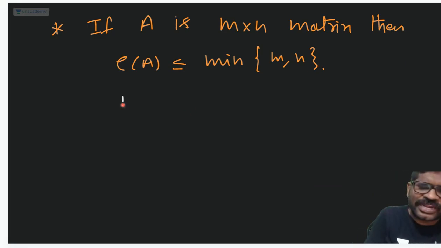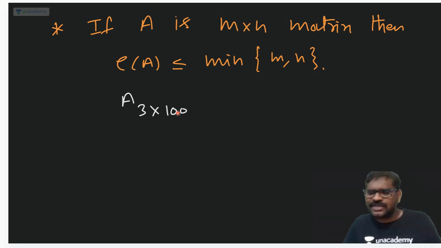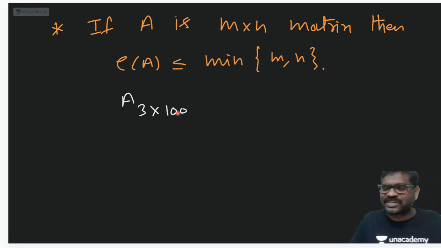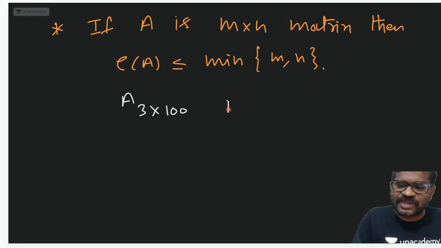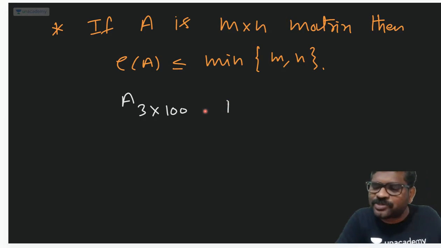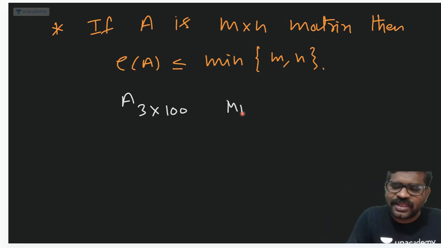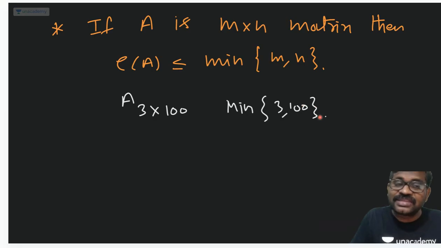Suppose your matrix is 3 cross 100. Even though you have 100 columns, the number of rows is only 3. Because the number of rows is 3, the maximum possible minor is 3 cross 3. That's why the maximum possible rank is 3. Understood? That's why you have to take the minimum of 3 comma 100, which is 3.